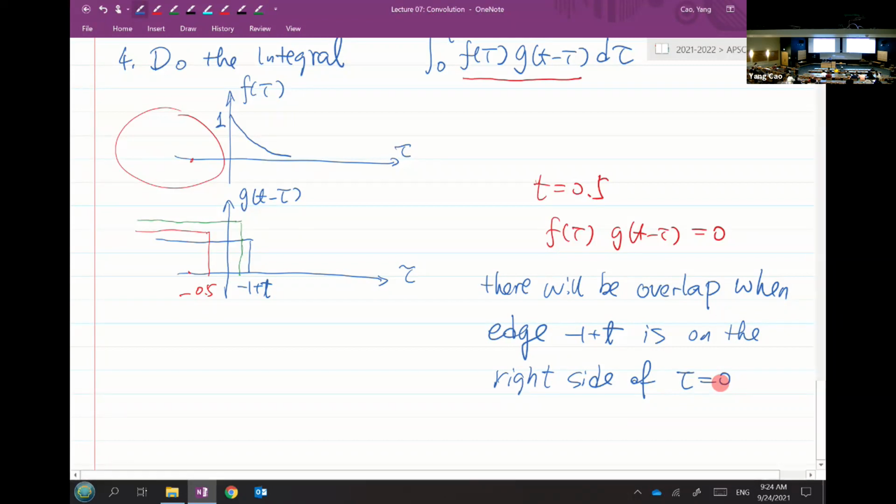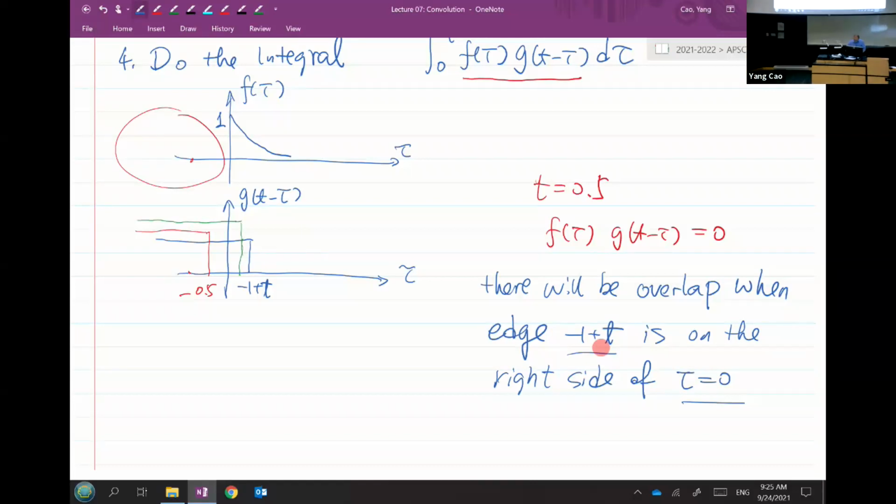So this begs the question now: what makes the t value so that this edge is on the right side of the vertical axis? Greater than 1, exactly.